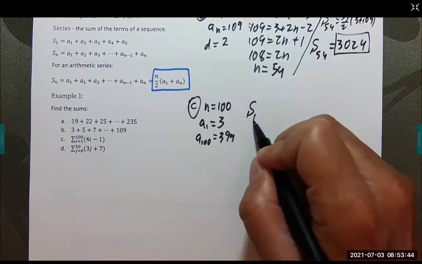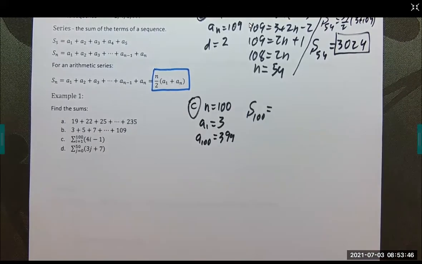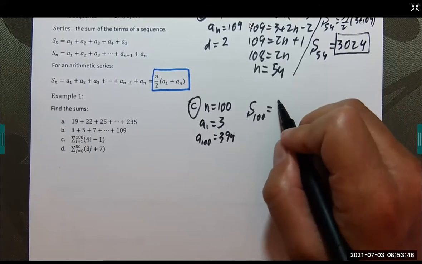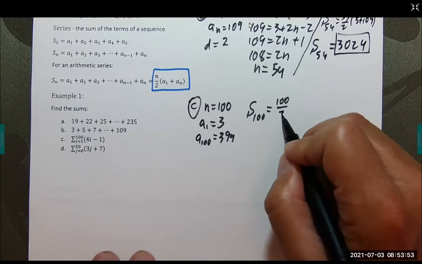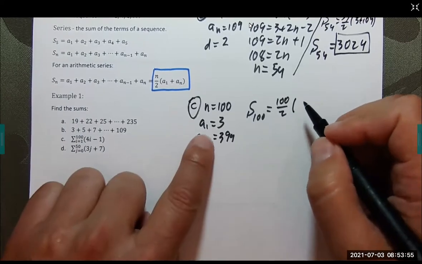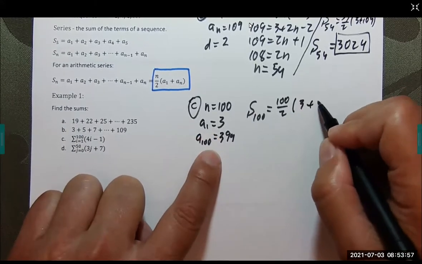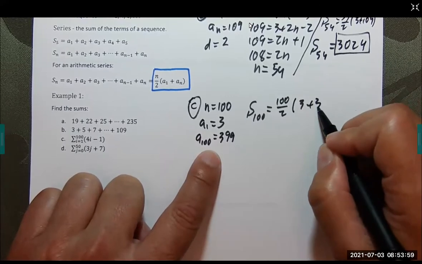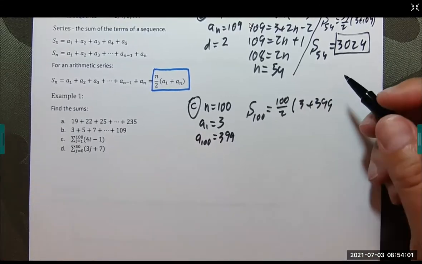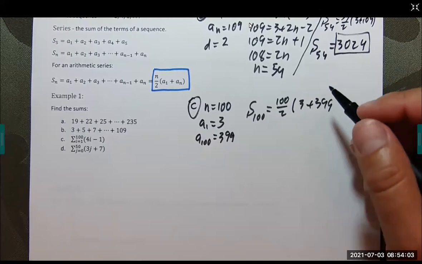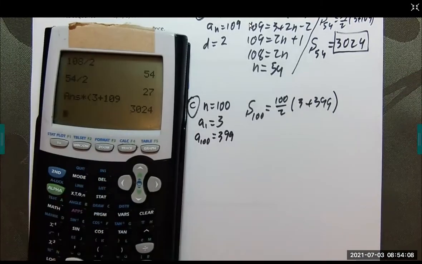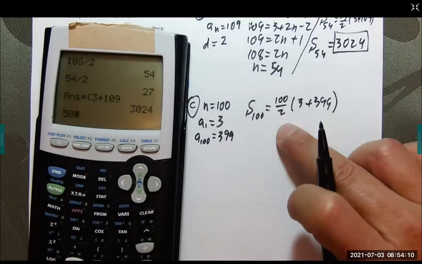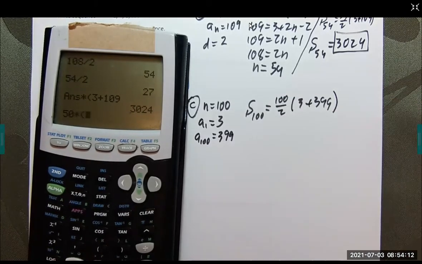So the sum of the 100 terms is going to be 100, again, I'm using this formula here, over 2, times 3 plus 399. And let's see what we get there. So I'm going to do 50. 100 over 2 is 50, times, parentheses, 3 plus 399.